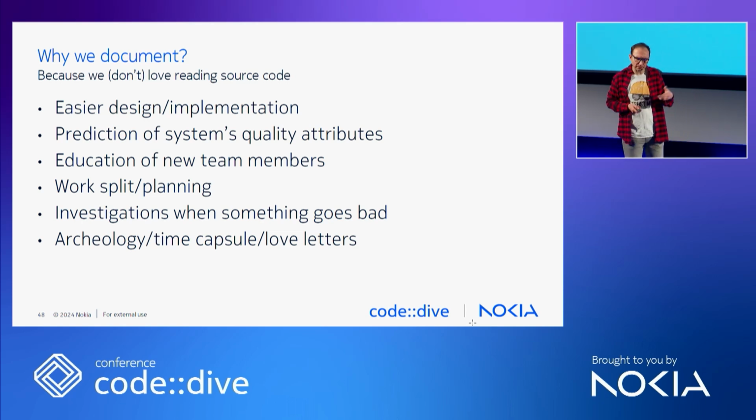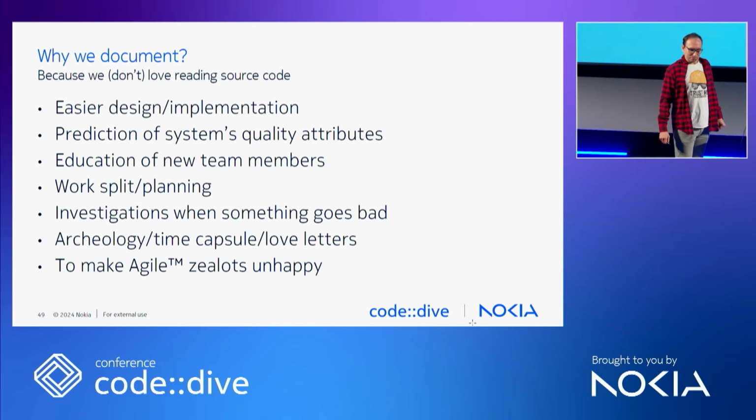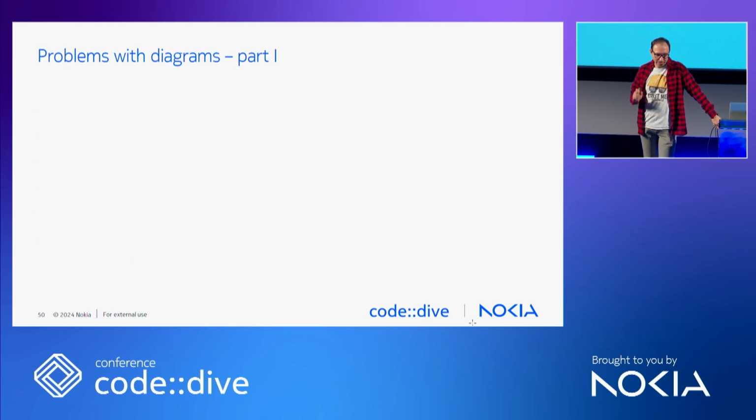So it helps with archaeology, and as an added bonus, you will make all those agile zealots unhappy because they prefer working code over comprehensive documentation, and we will go back to them in a moment.